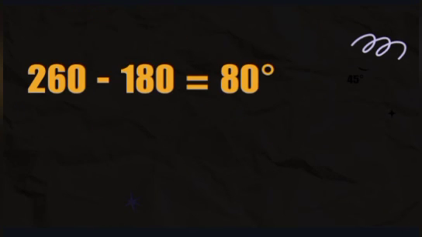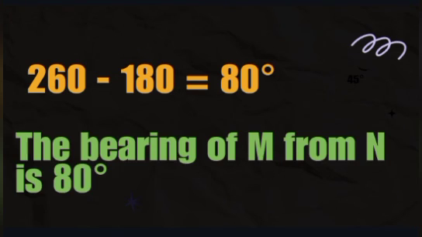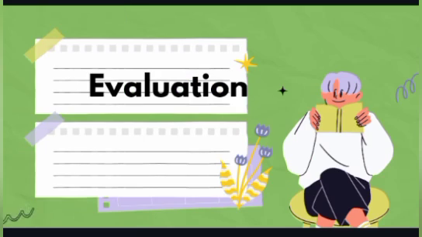Doing it this way, we have 260 minus 180, and that gives us 80 degrees. So that is to say that the bearing of M from N is 80 degrees. You can use any of the methods that you understand better.